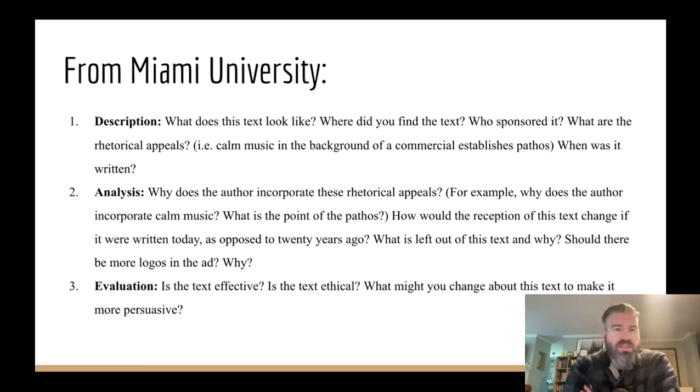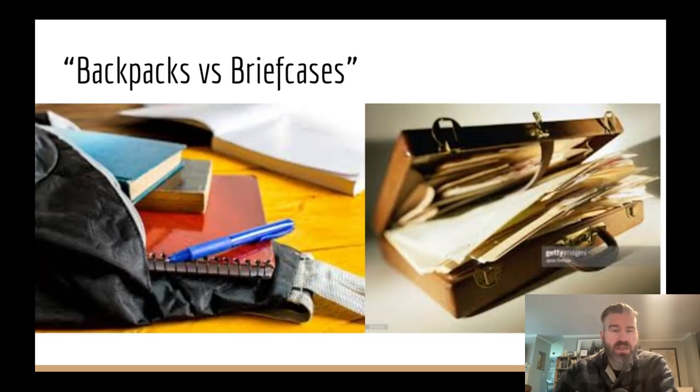And then the last thing when we think about rhetorical analysis is effectiveness. How effective is the text? Is it ethical? What could we change? So these are the foundations of rhetorical analysis. But let's take a moment and dive into Backpacks versus Briefcases a little bit more.